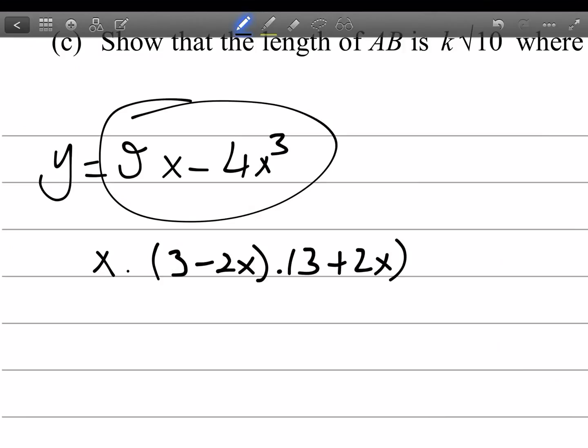Which points make this equation 0? Easily we can write 0, 3 over 2 and minus 3 over 2. These points are where the curve meets the x-axis.